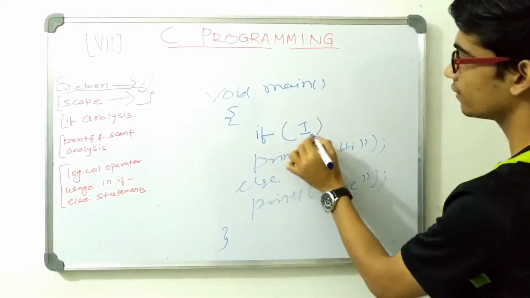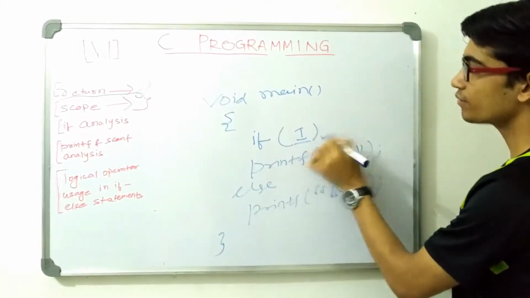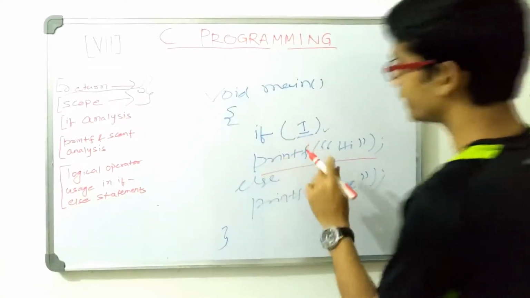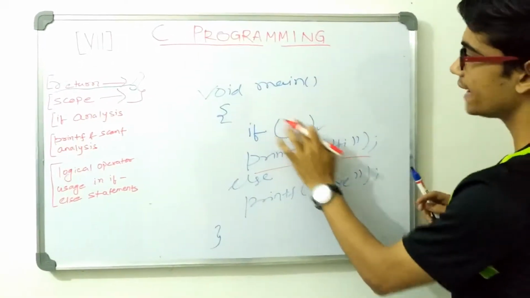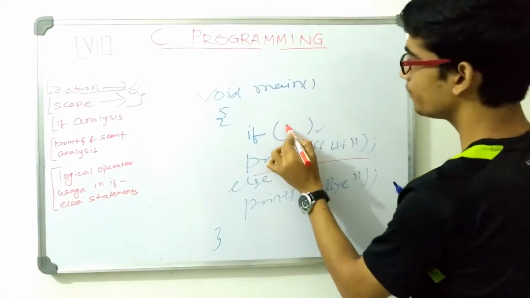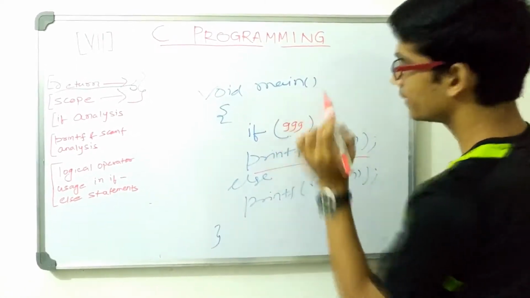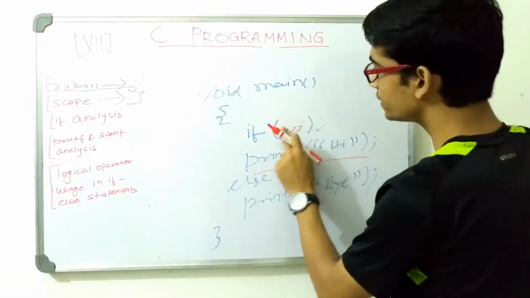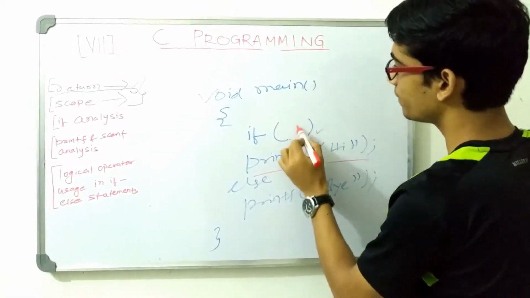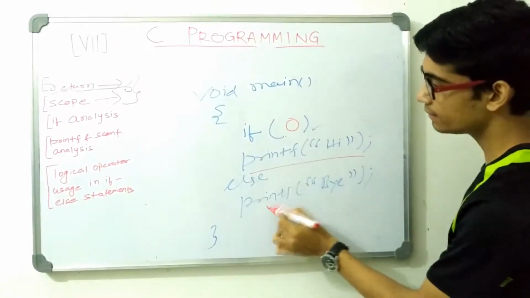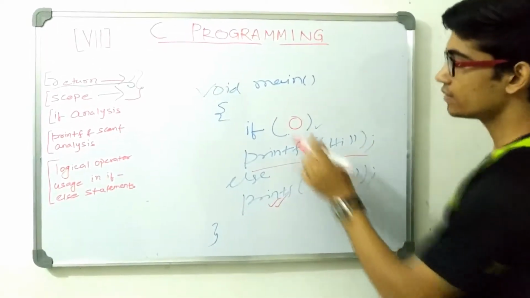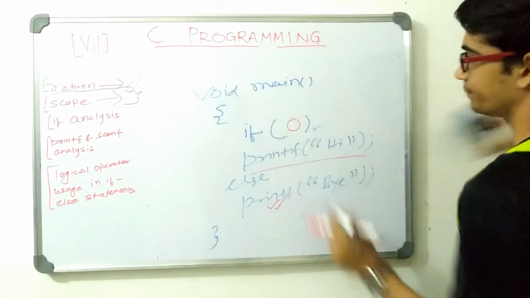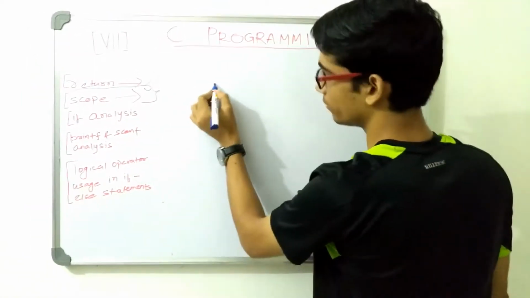See, this is 1, so this is going to be executed. So this statement will be executed. Anything we can put here, any positive number. Suppose I put 999, again this will be executed. Now if I put 0 here, then this will not be executed. So this was about the condition parenthesis. Okay, let me write a program.